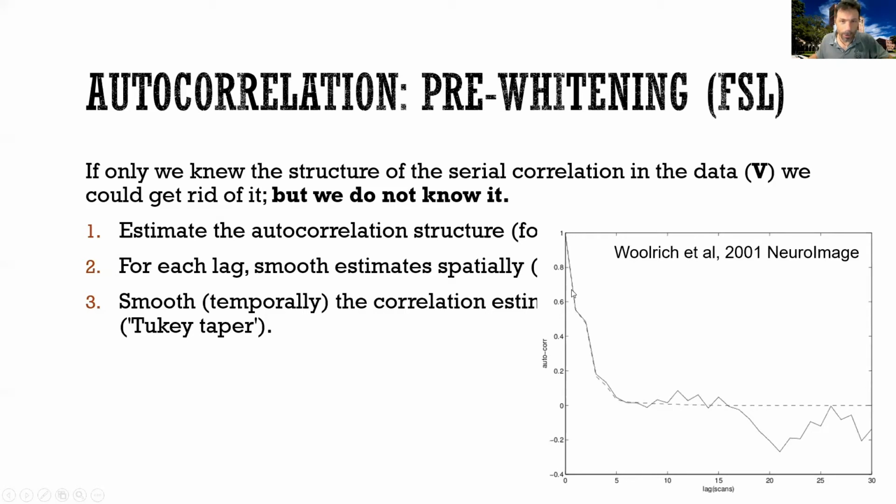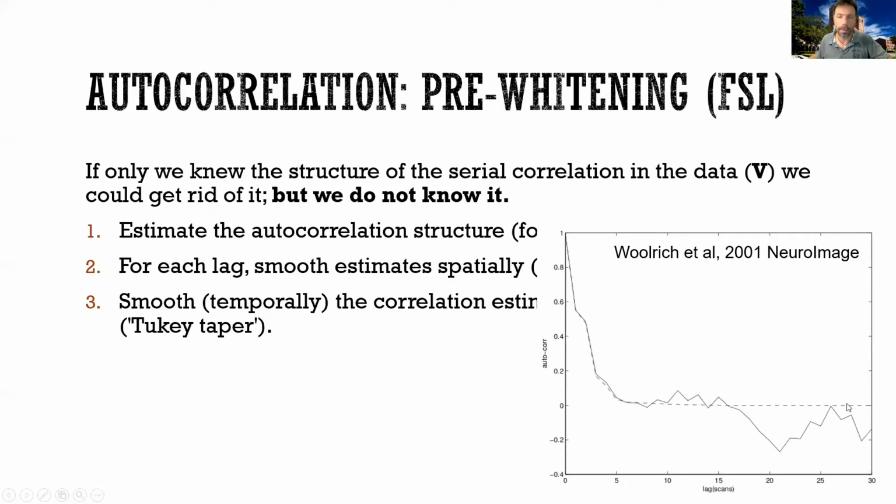Keep the autocorrelation estimate up to a certain number m, which in our case will be, I guess, 8. After lag 8, the Tukey taper says just set the correlation to 0.